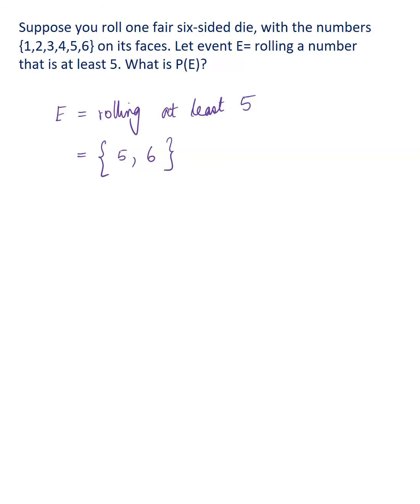So if you look at this, the number of outcomes is 2, right? 2 outcomes, 5 and a 6. Now if you go back to your sample space, your sample space is the total outcomes, and we know that we have 1, 2, 3, 4, 5, and 6. Now they gave that information to us, but typically they would not, because it's an understanding that you are familiar with the die. So we have 6 outcomes here.